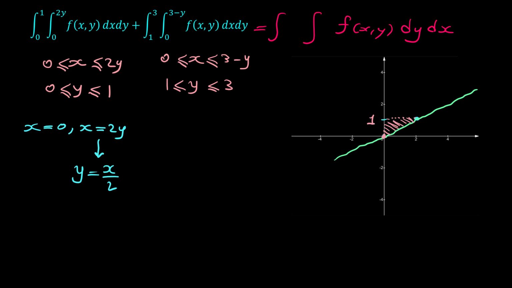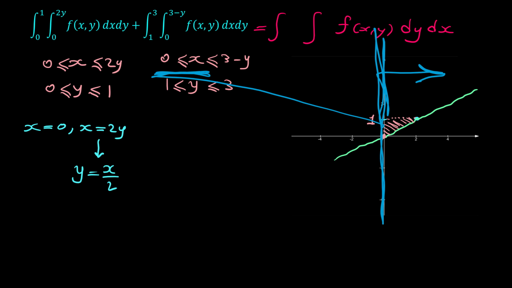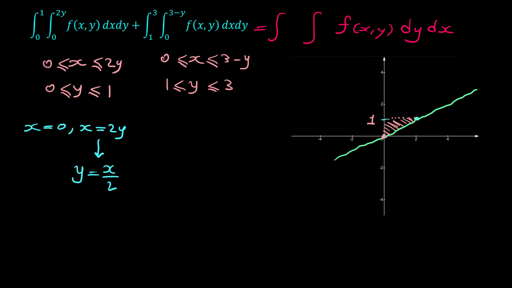Now let's draw the other part of the region, where x is again from 0. So x again starts from this line and it continues to the line x equals 3 minus y. If again we solve this equation for y, y equals 3 minus x.